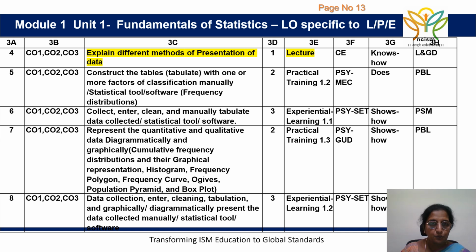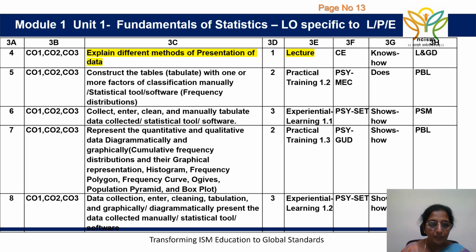At the end of the course, the student should be able to explain different methods of presentation of data, which carries one notional learning hour, and the method is lecture. It's going to be a cognitive evaluation, the level of understanding of the student would be knows how, and the suggested method for this particular session is lecture and group discussion.